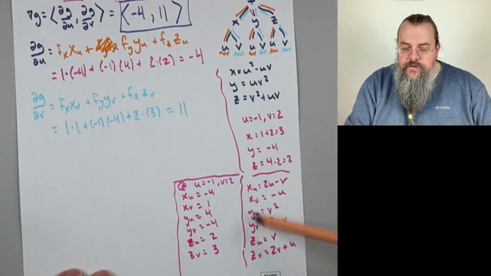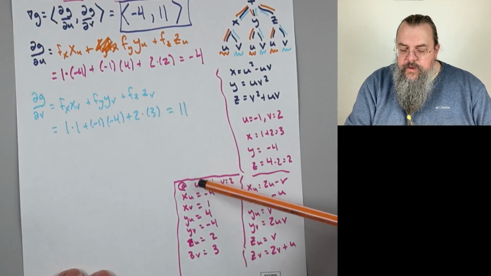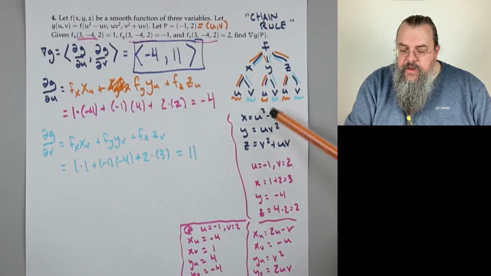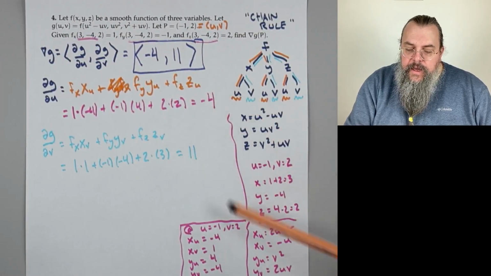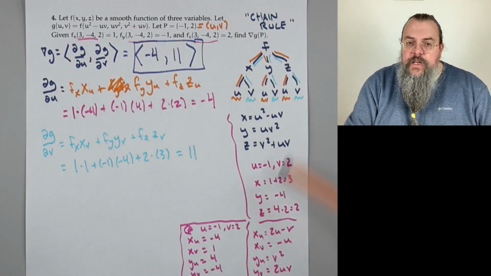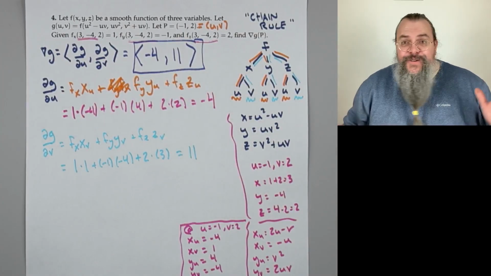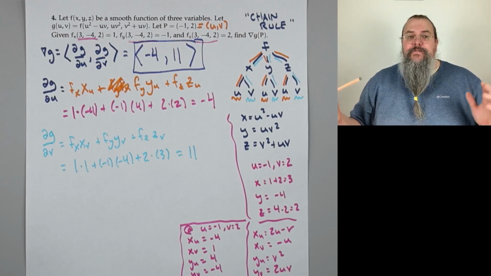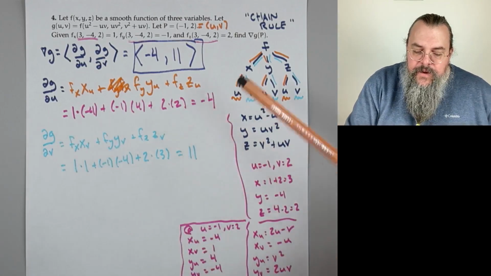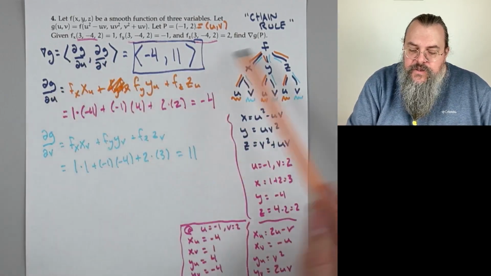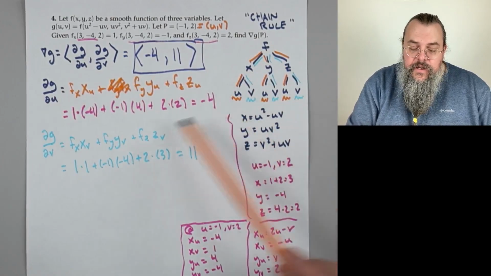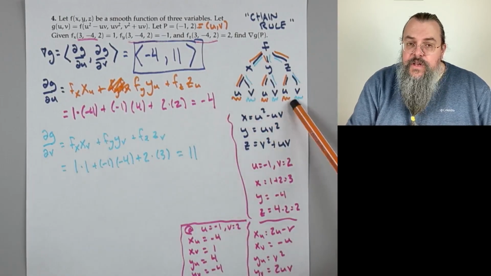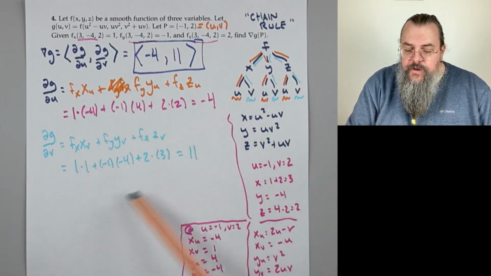We found our partial derivatives and filled them in as values. At this point, we had all the partial derivatives we could possibly want. Then it was just a matter of asking, what's partial g, partial u? Use the tree. What's partial g, partial v? Use the tree. And fill in what you know.